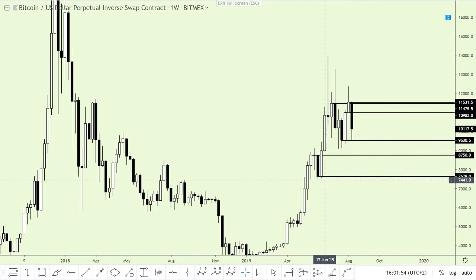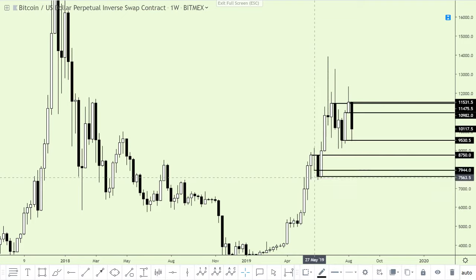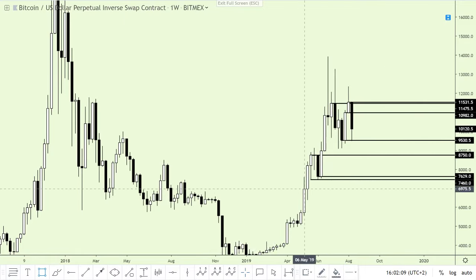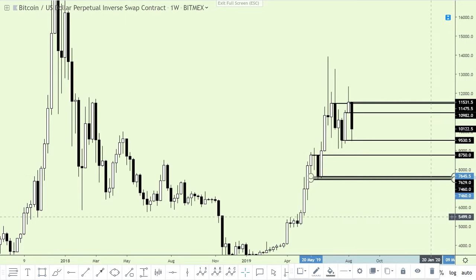Here we are seeing how much liquidity and how much strong defense there is for this zone, right? For the tight zone 74.60 and 76.30, let's say.